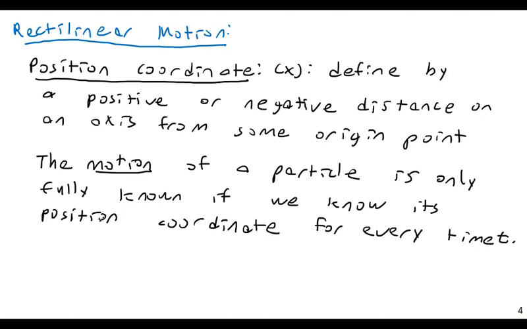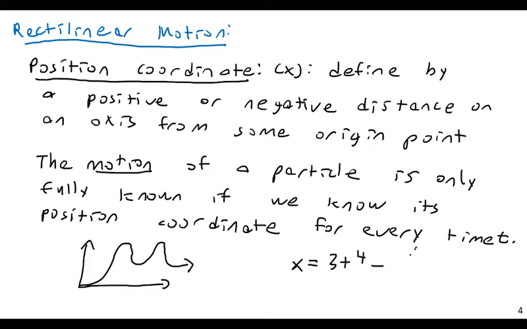To really describe the motion of an object, you need to be able to create a graph describing the motion of that object. It can be a fairly complex function, anything you want, but I have to be able to describe its motion in terms of time t, either graphically or through an equation, something like x equals 3t to the fourth minus 6t.